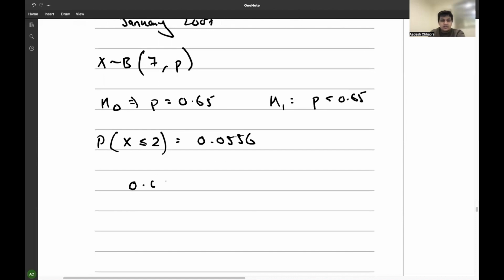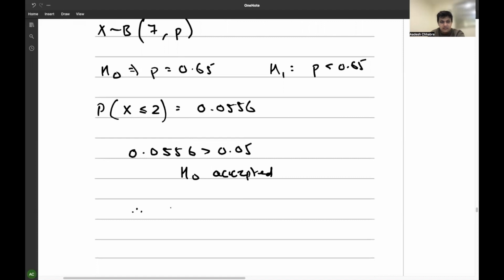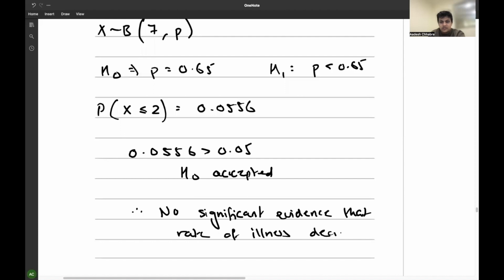So because this is clearly above 5%, H0 is accepted, and thus there is not significant evidence that his rate of illness has actually decreased. We can write a conclusion here, thus no significant evidence that his rate of illness decreased.